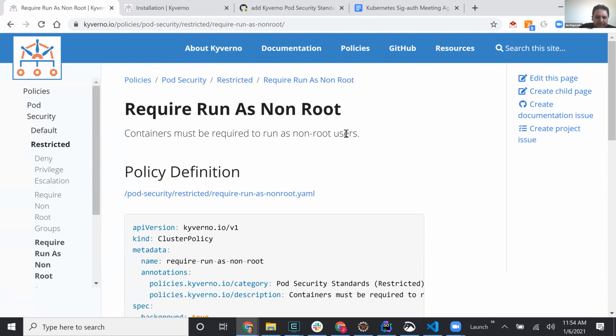The other question we had, and I think there was an open PR on this, is should something like this be referenced from the pod security standards, as well as, of course, OPA Gatekeeper if it has similar implementations?